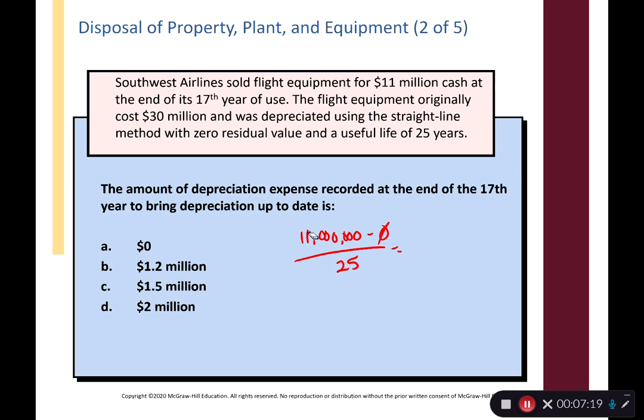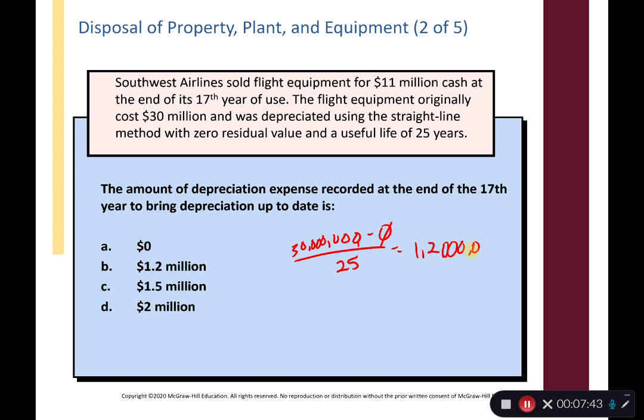I'm sorry, I used the wrong number. The cost was $30 million. We sold it for 11. So 30 million divided by 25 gives me 1.2 million.